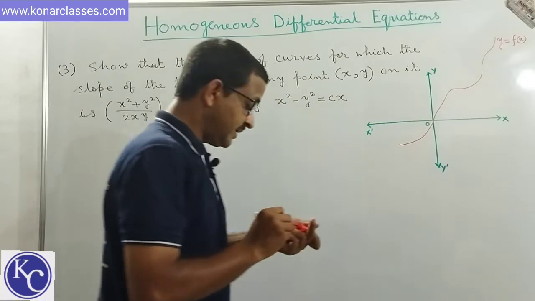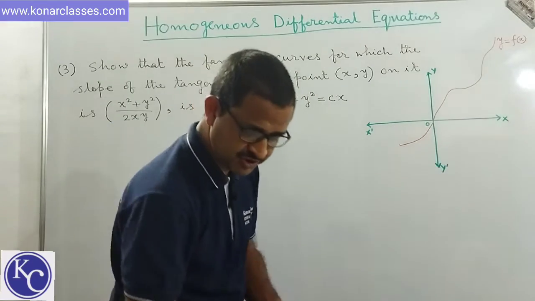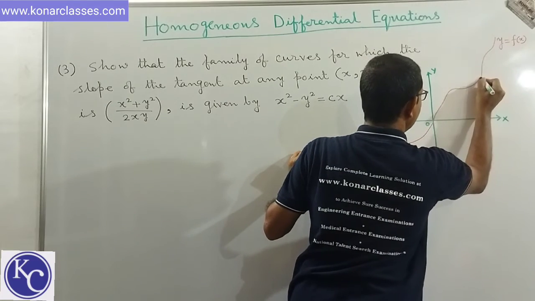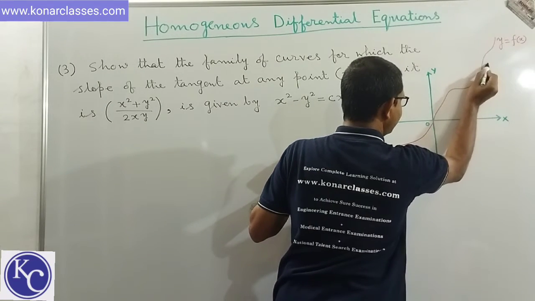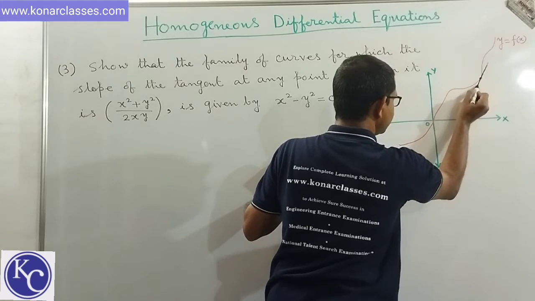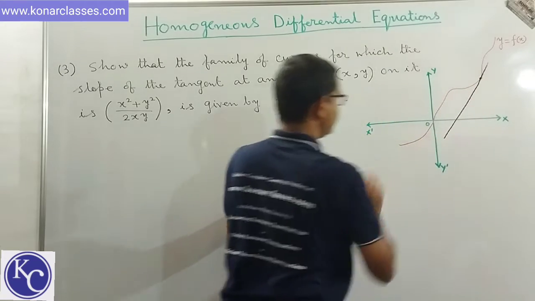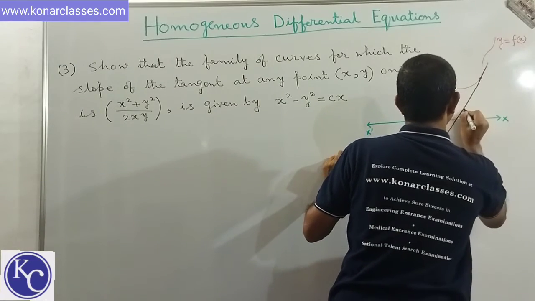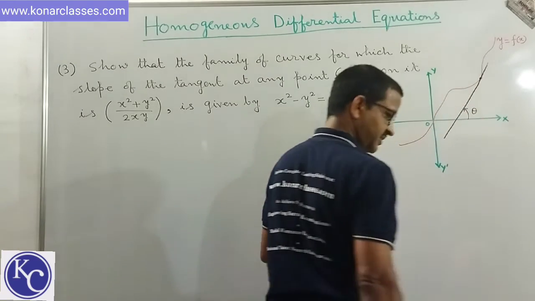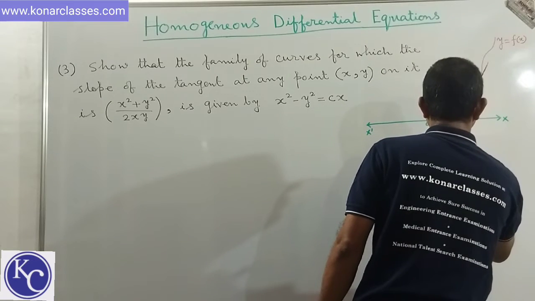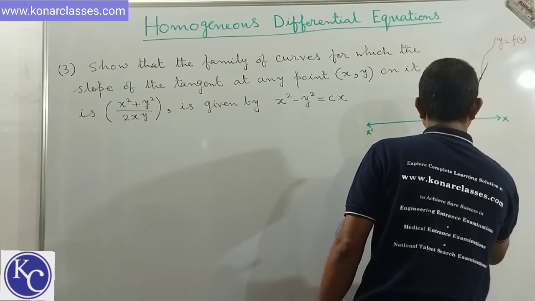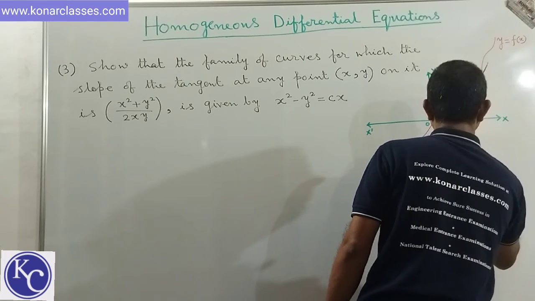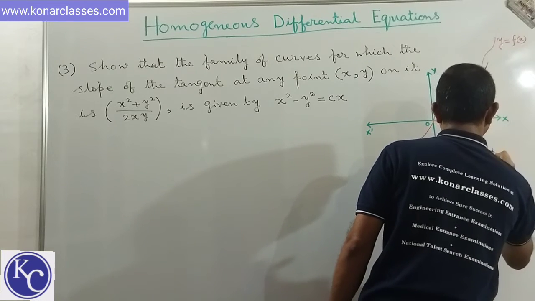Now, according to the question, if we take a particular point x comma y on that curve, and if you draw a tangent, and this tangent makes an angle theta with the positive direction of x-axis, then dy dx is nothing but tan theta, that is called the slope.